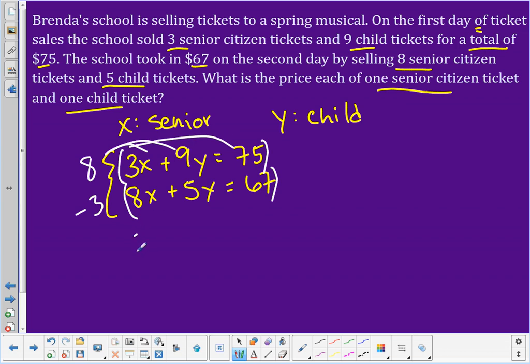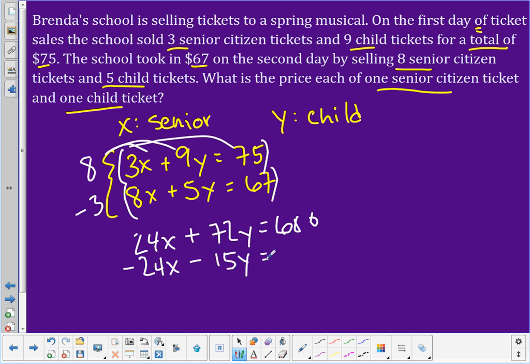So I have 24x plus 72y is equal to 75 times 8, which is 600. And then on the bottom, -3, so -24x minus now, because negative times positive, minus 15y is equal to 67 times 3, which is 201.